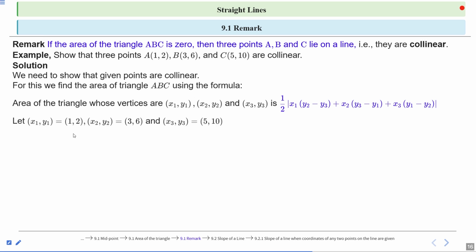Here let (x1, y1) be (1, 2), (x2, y2) be (3, 6) and (x3, y3) be (5, 10).